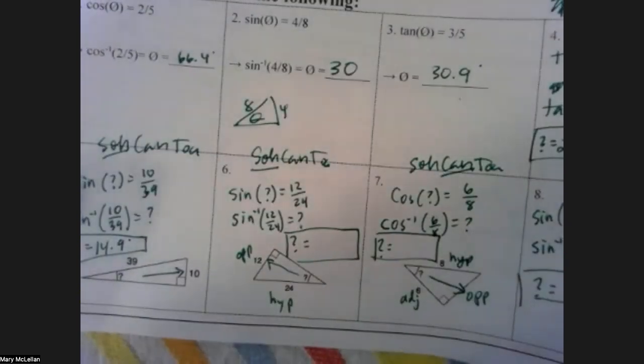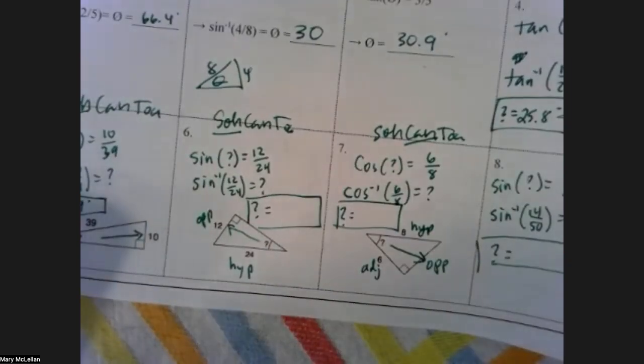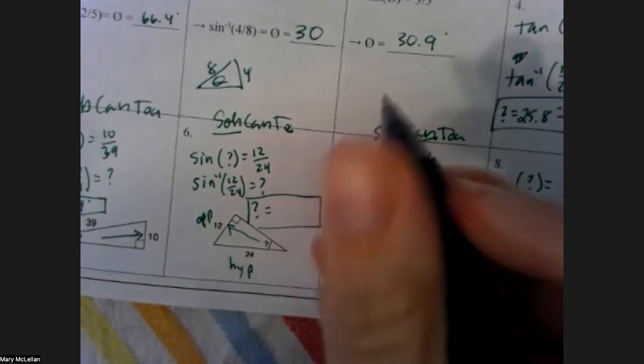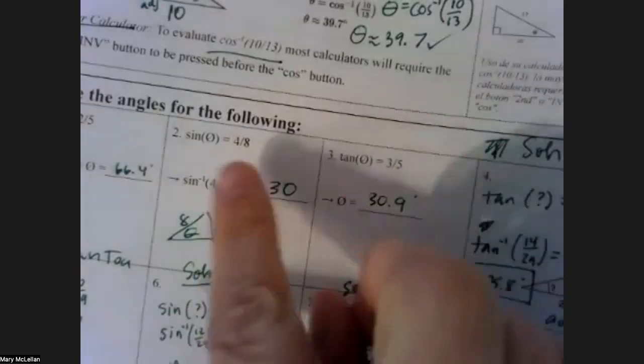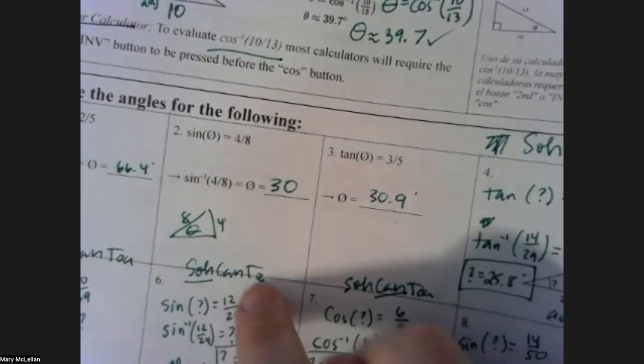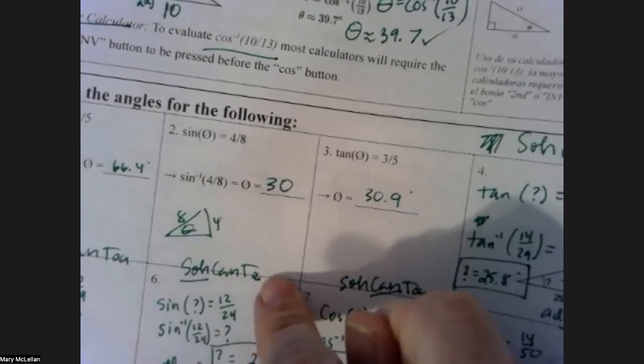If you were to write 15, well, no. Let's do it to the nearest tenth to be consistent. Okay. Next one. This one is inverse sine of 12 over 24. It's exactly 30 degrees. I knew that because it's the same as the previous problem. The ratios are equivalent. 4 over 8, 12 over 24, same.